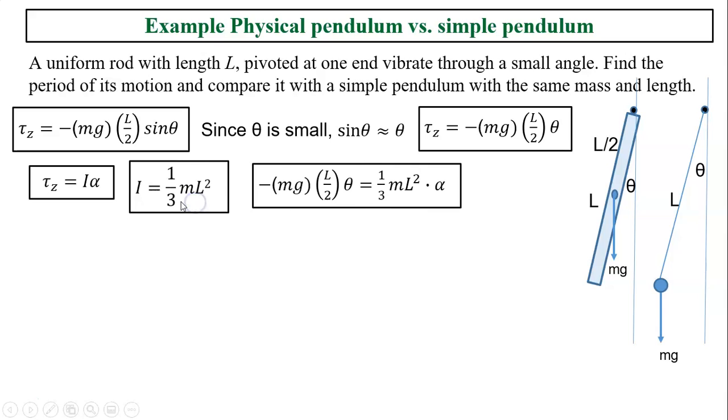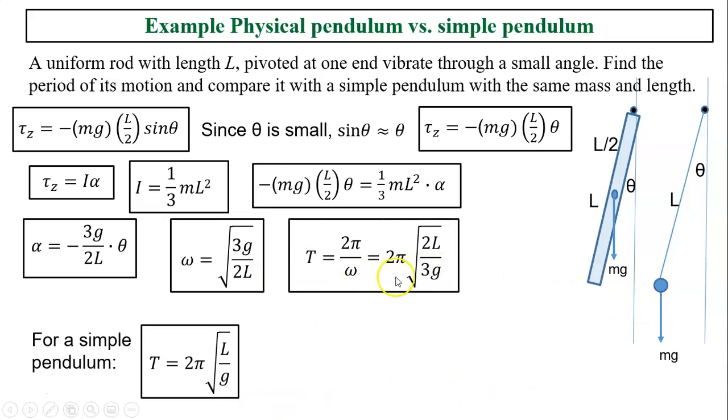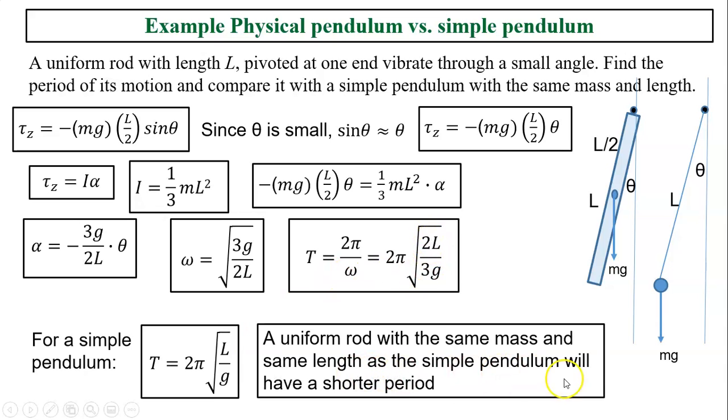What is I? I for the bar is 1/3 mL squared. Set the two equal to each other. You can solve for alpha. From here you can find omega. You can find T. Compare this with the simple pendulum. You can see T is smaller. So the uniform rod with the same mass and the same length as the simple pendulum will have a shorter period.